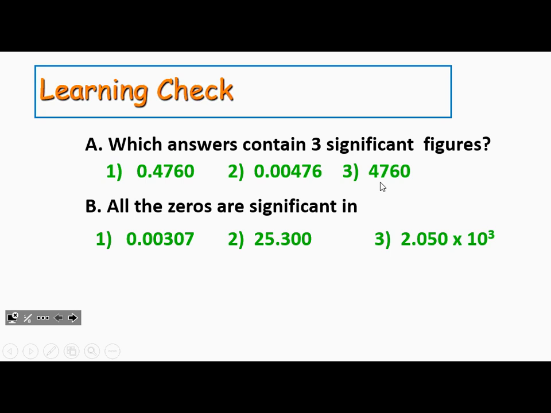Okay, so that would make all of these zeros not significant right here, correct? So, are all those zeros significant? No. What about this one right here, Justin? Yes, all of those are because of that decimal point right there. What about this one right here, Michaela? Before you answer, read number 6.